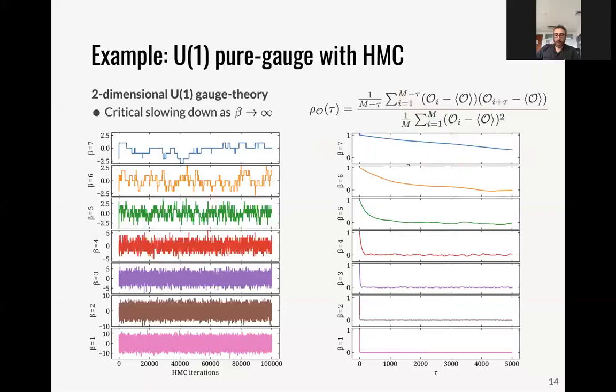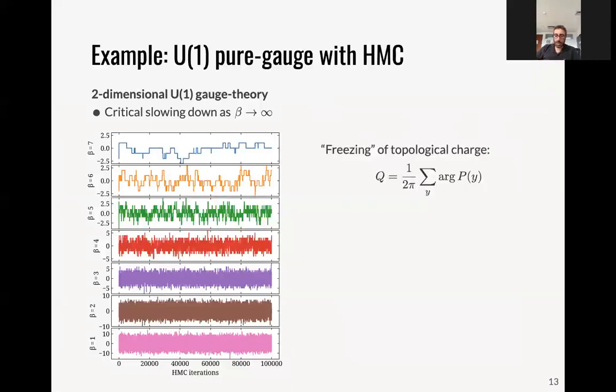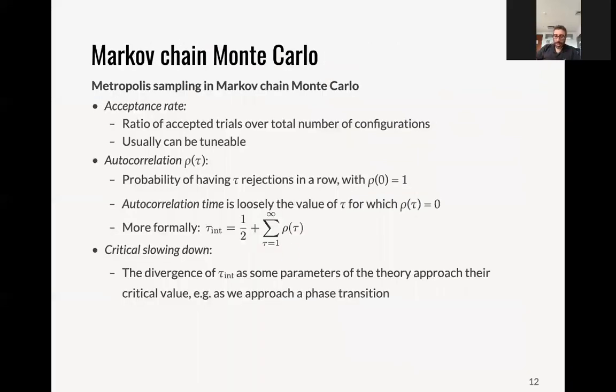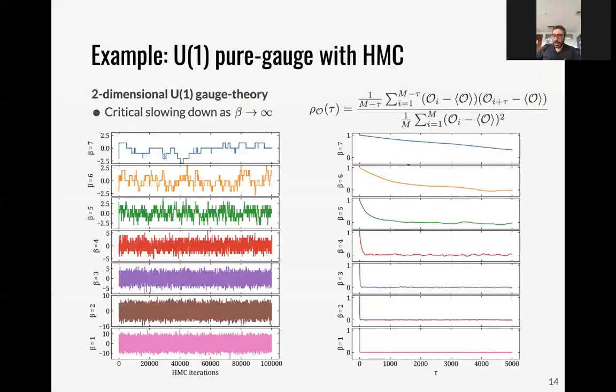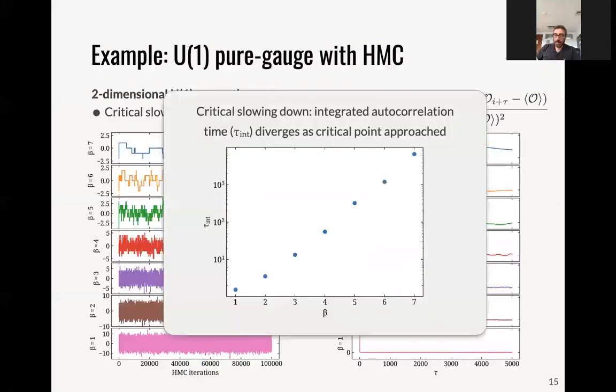And then, you can also compute the integrated autocorrelation time. I'll just step back. The integrated autocorrelation time is just summing rho of tau, starting from the first point. And if you do that, then you can see on a log scale here, this is tau int, that it is what I told you before.